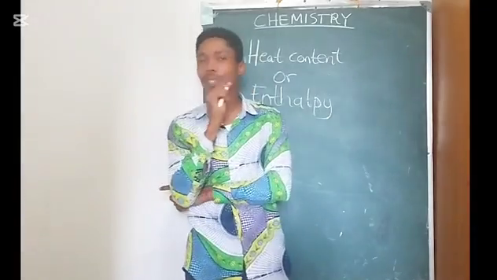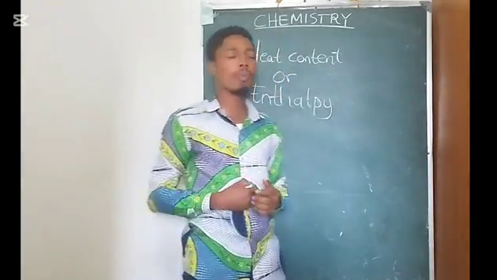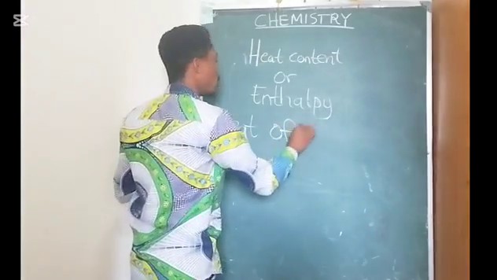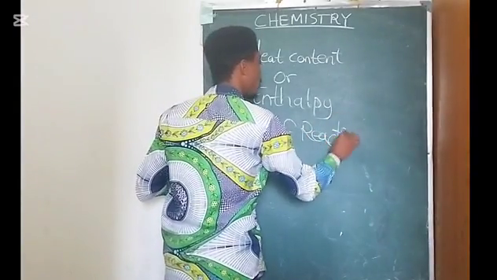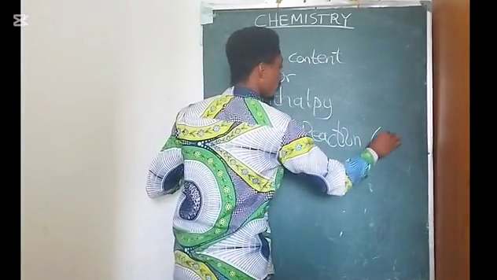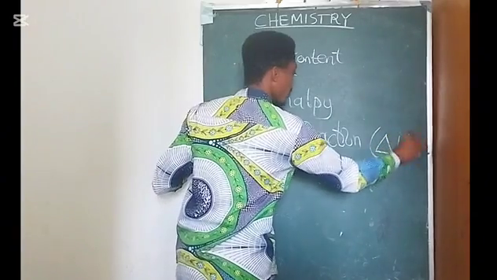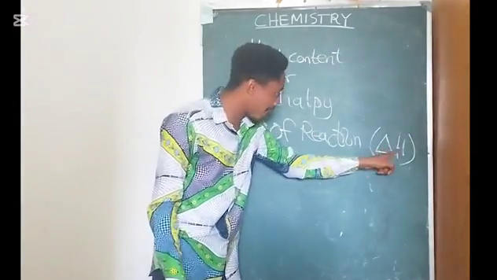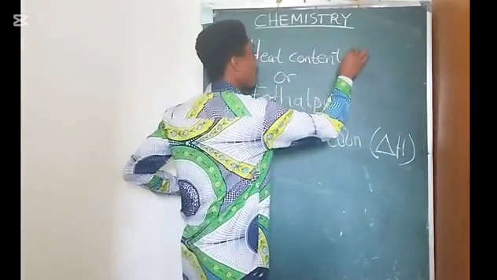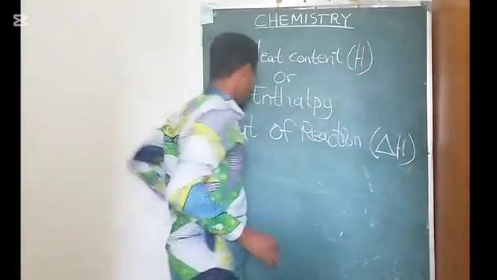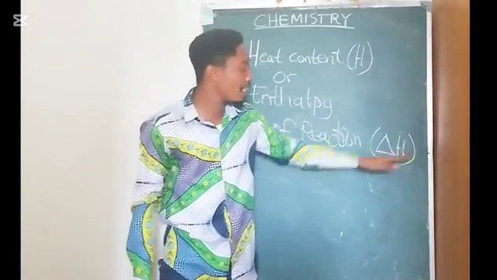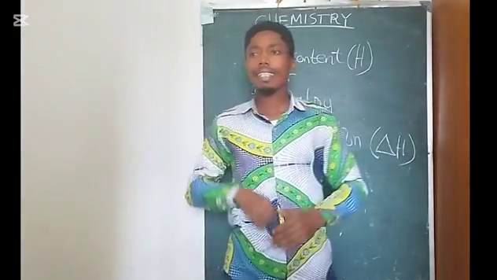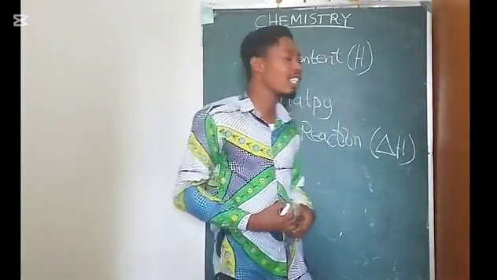This understanding further leads us to what we call the heat of reaction. The heat of reaction is denoted by delta H. Remember, heat content is denoted by H, while heat of reaction is denoted by delta H. This heat of reaction is simply the energy change.